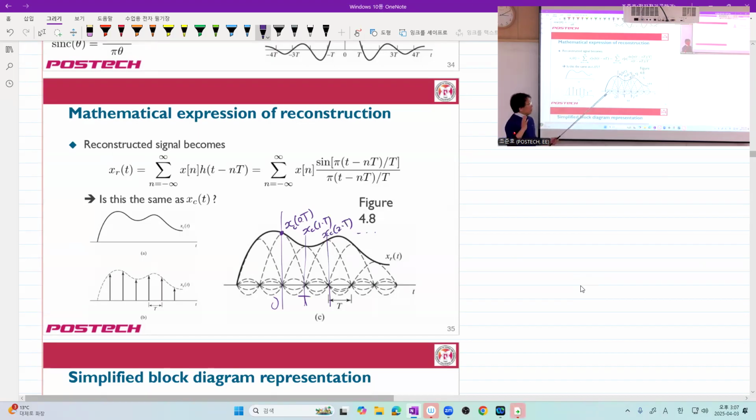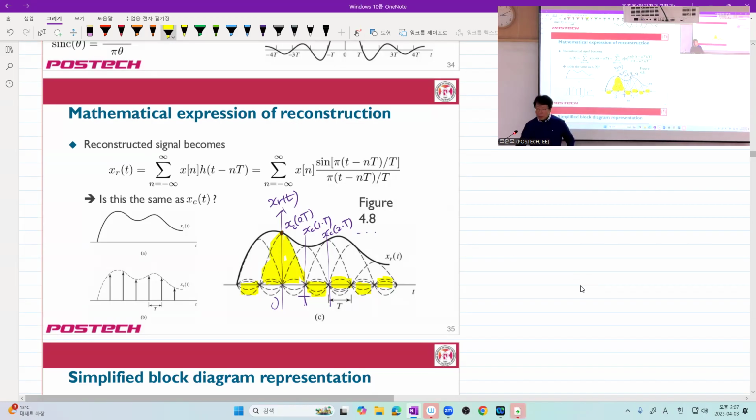Now, the reconstructed signal, x r of t, is what? First, you have the 0th term, the scaled version of the sinc function by the continuous time input signal sampled at 0.